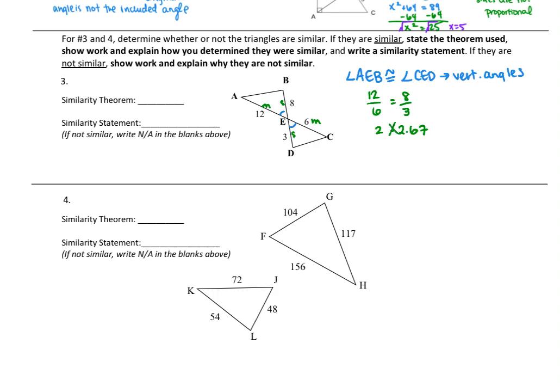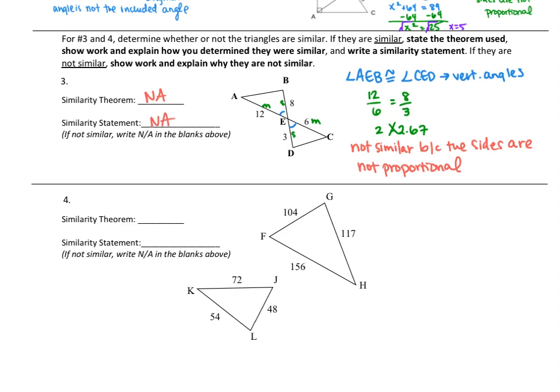So we would say not similar, and the reason is it's because the sides are not proportional. So since they're not similar, there's no similarity theorem, and there's no similarity statement.